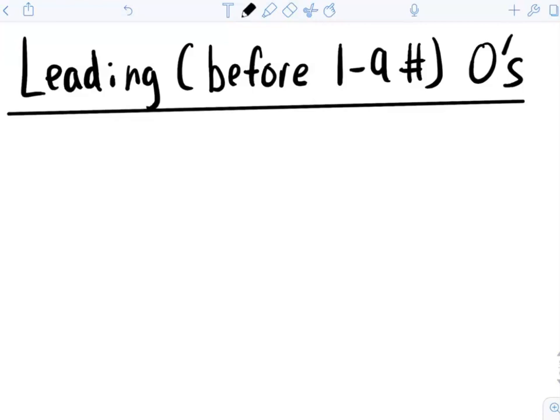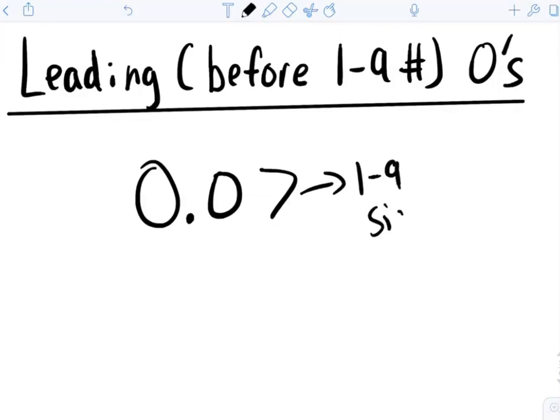So in this case, we have leading 0.07. So this is going to be a 1 through 9 number. It is significant, but our leading zeros are going to be insignificant, meaning that they're not going to add to the precision or the certainty of my number.